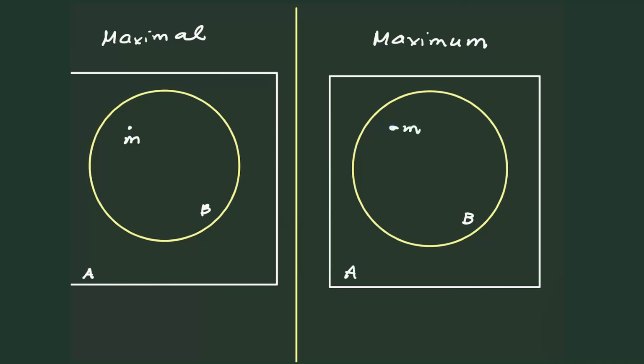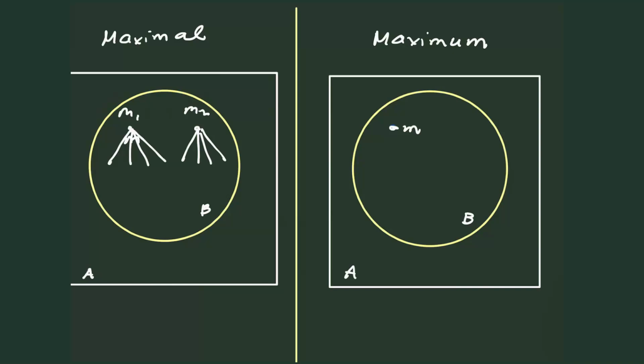The maximal definition only states that you cannot find other elements of B which are above M. So meaning to say, it's possible that you have something like that, and then you have M2. So in this case, both M1 and M2 are maximal elements.